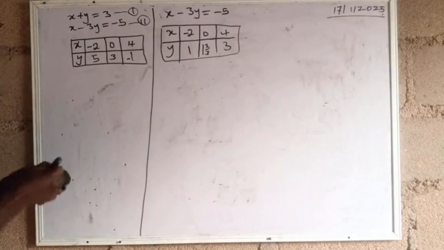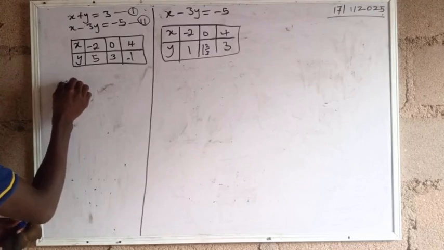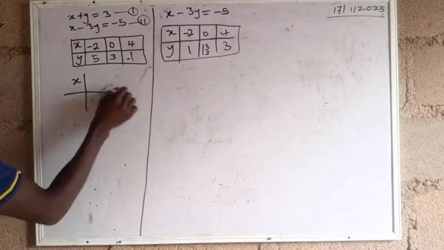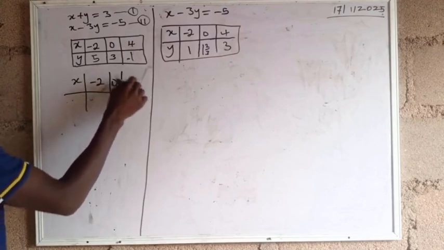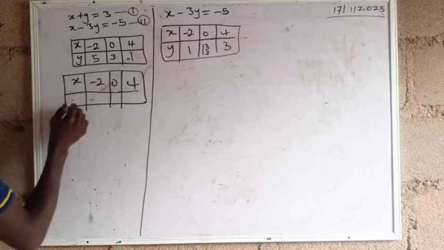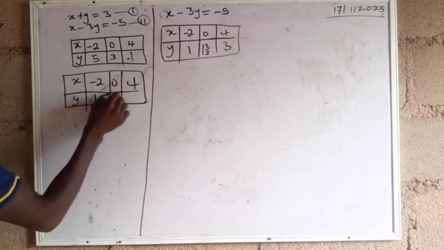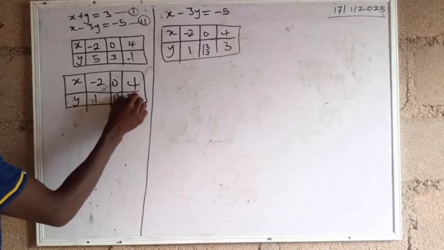I'm going to copy this graph in here, x is minus 2, 0, 4. Y is 1, 2 over 3, that is 3.